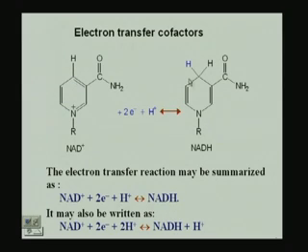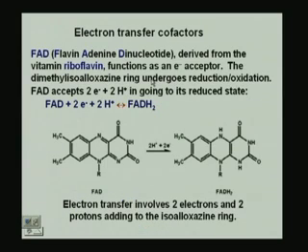So, we have NADH. The next one that we looked at was flavin adenine dinucleotide, FAD, that goes to FADH2, where 2 protons add to the 2 nitrogens of this isoalloxazine ring. Okay? This isoalloxazine ring is the flavin part. We have an adenine dinucleotide part, and flavin adenine dinucleotide is derived from the vitamin riboflavin.